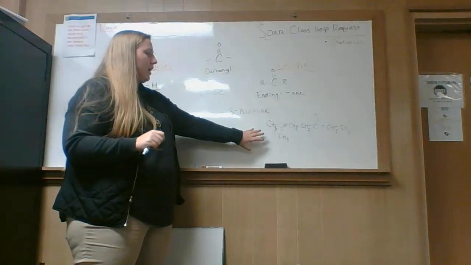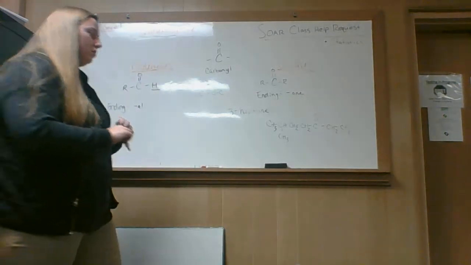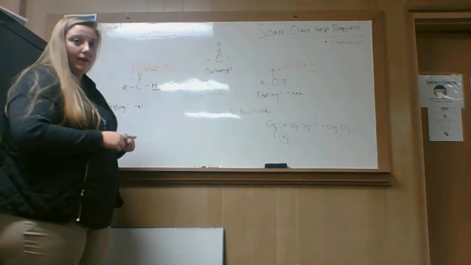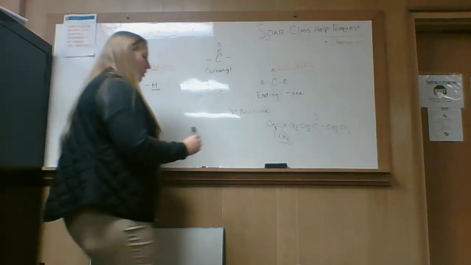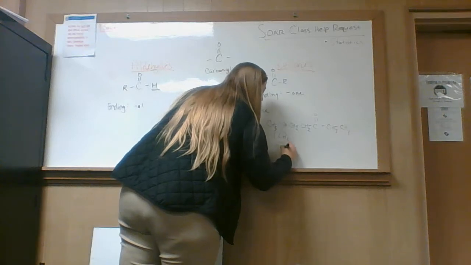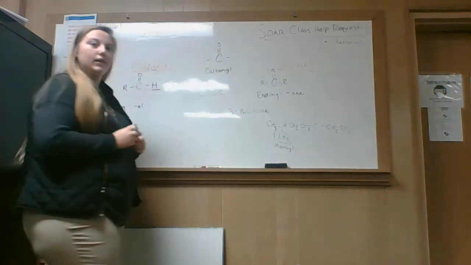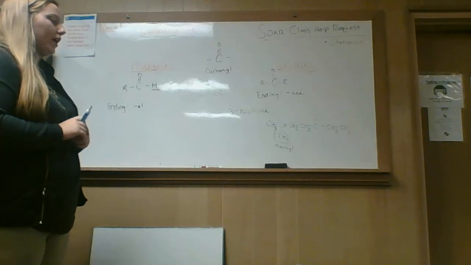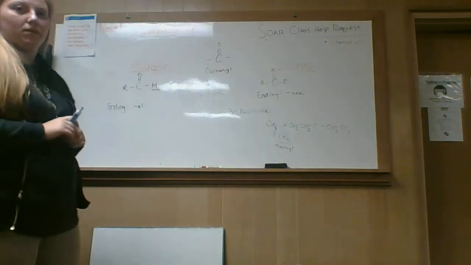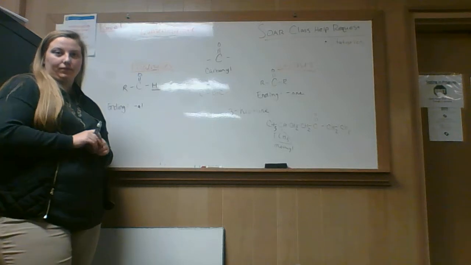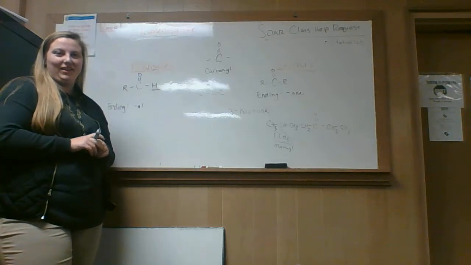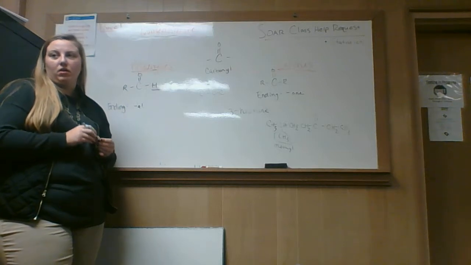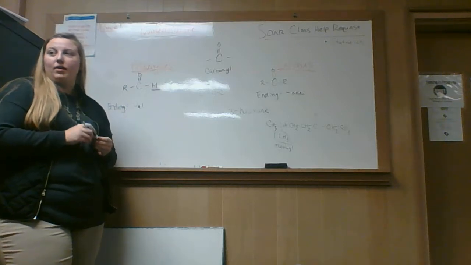How would the name change by adding this group here? How do we name that substituent? Methyl. Okay. So it'd be 6-methyl-3-heptanone. Why not 2-methyl-5-heptanone? Because the carbonyl group gets priority. Okay. Who knows why the carbonyl group gets priority? Is that just the IUPAC rule?